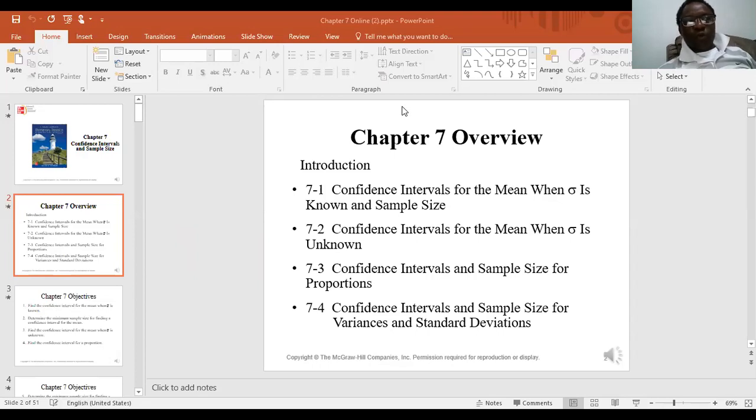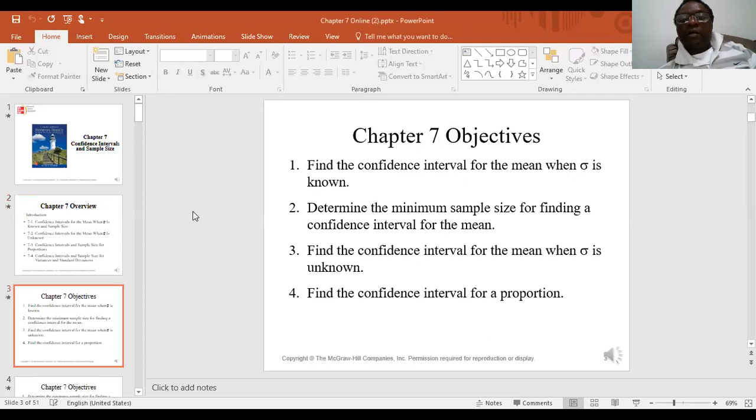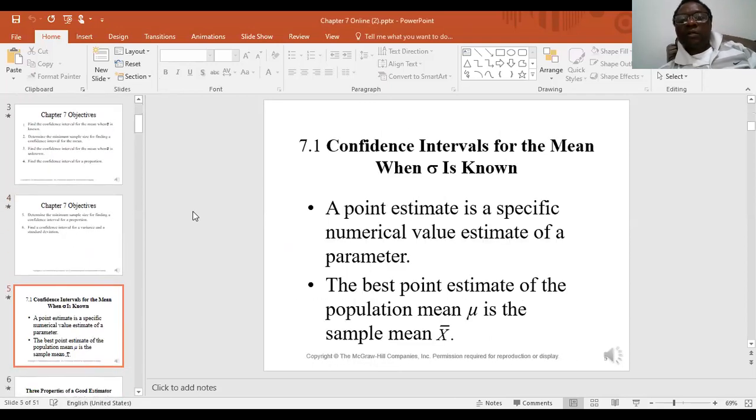For example, if we want to estimate the population mean, we will take a sample maybe of 50 individuals, take the average, and use it to estimate a range of values that we call a confidence interval for the population mean. So we are going to start with the sample mean, how to estimate the population mean using the sample mean.